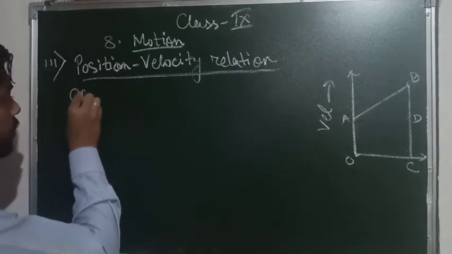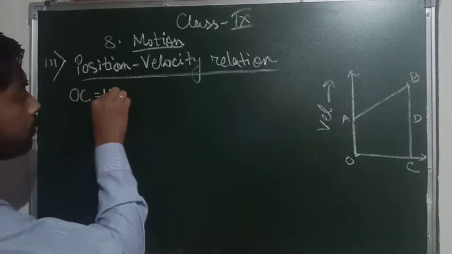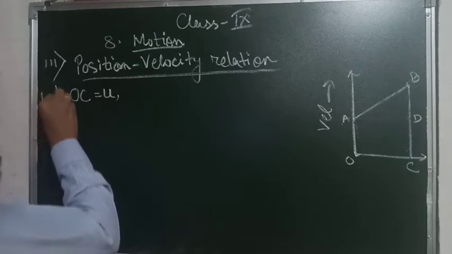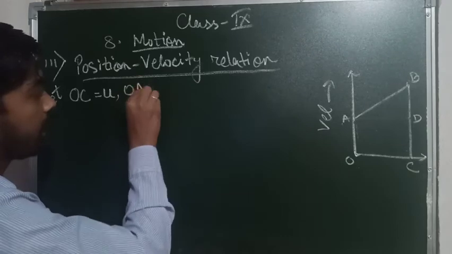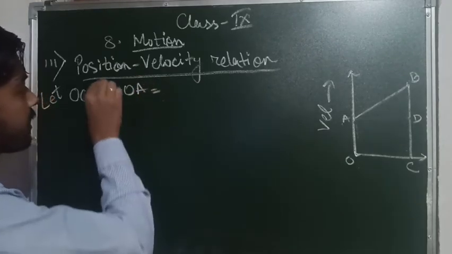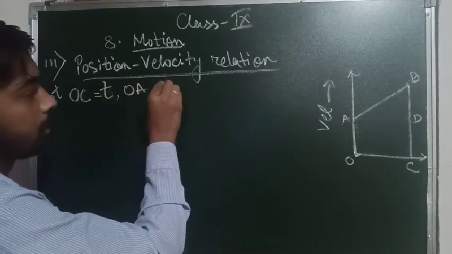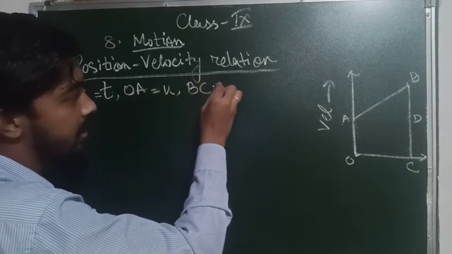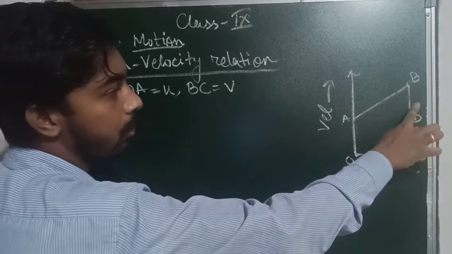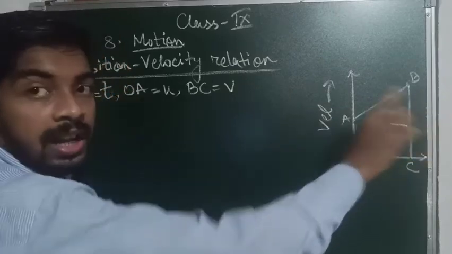Let OC equal to T, my mistake. OA is equal to U, and BC is equal to V. Here we don't need this D, we don't need that part.